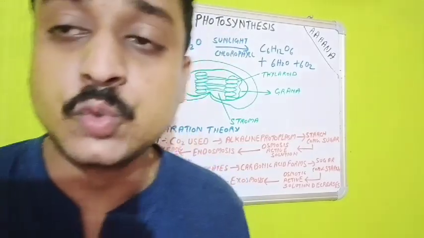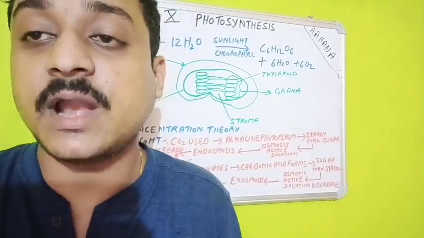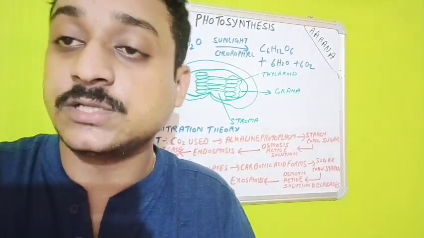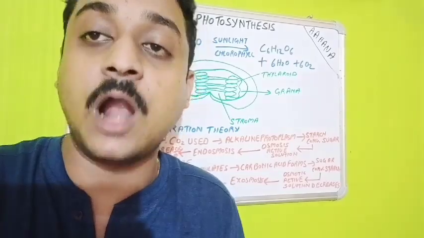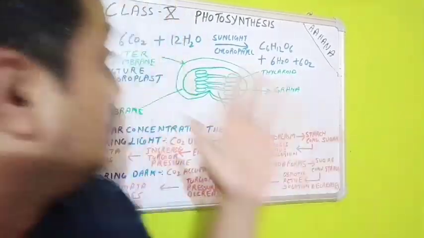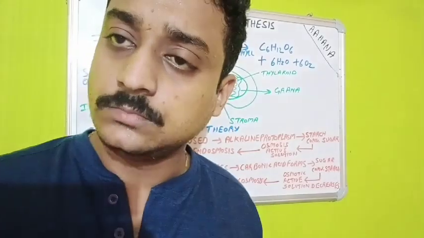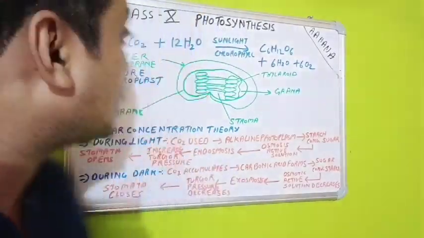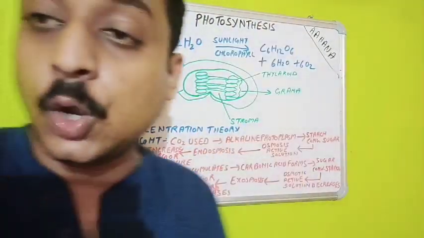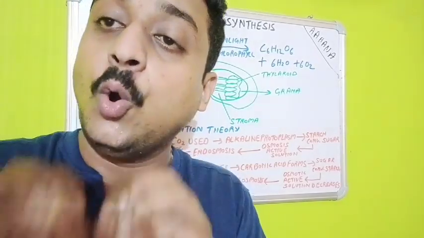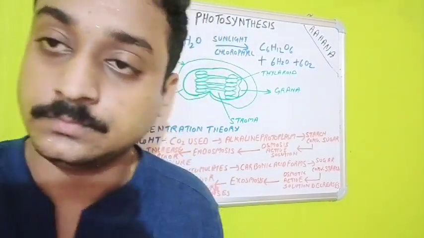But a few of our students are just writing that photosynthesis is a process by the help of which the plant makes food using just carbon dioxide and water. No. If you are not writing sunlight and chlorophyll, then the whole answer will be wrong.